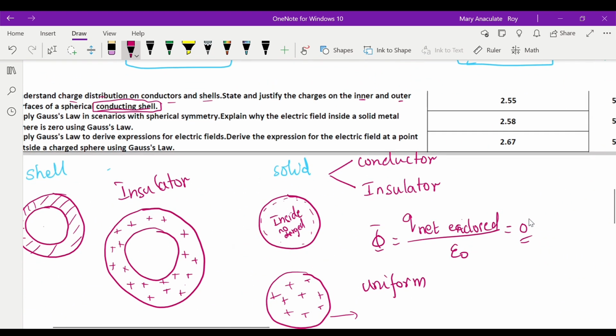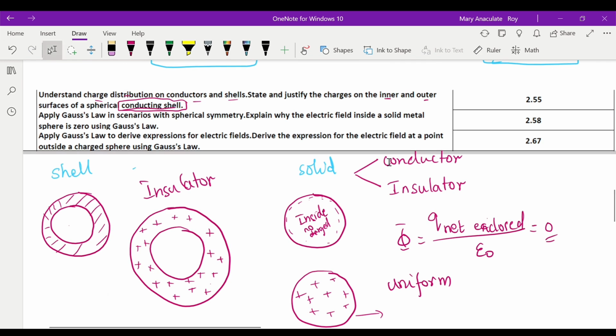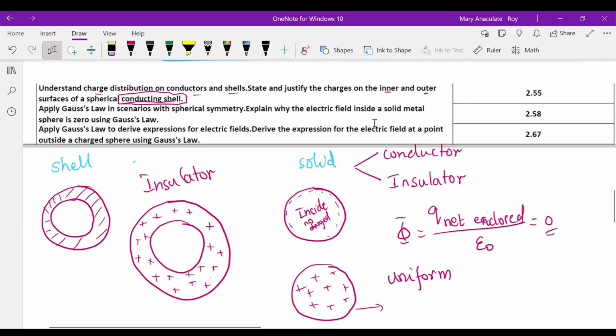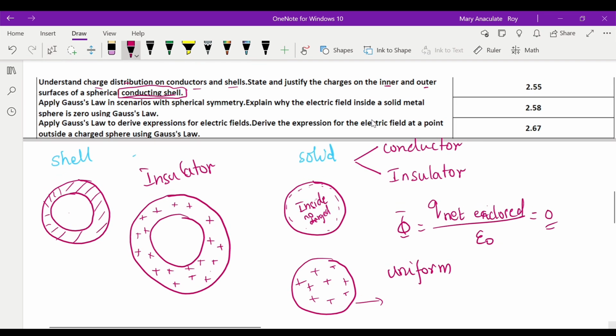That's objective 1. Now what is objective 2? Apply Gauss's law in scenarios with spherical symmetry. Explain why the net electric field inside is 0. We have already seen it: inside you do not have any net charge, hence the electric field is 0, so you can use this equation to prove your argument.